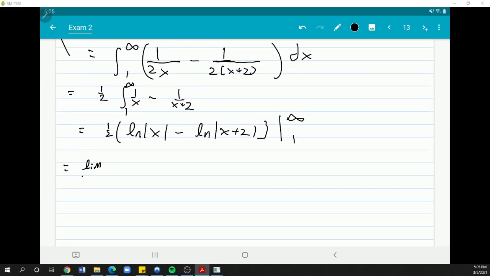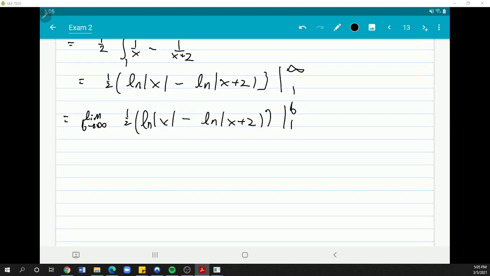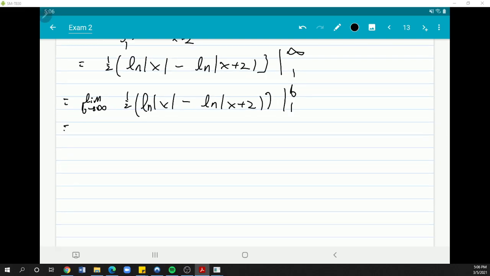This is the limit as b goes to infinity of 1/2 natural log of x minus natural log of x plus 2 from 1 to b. All right. So first, if I plug in b, I get natural log of b minus natural log of b plus 2. Does that do anything?